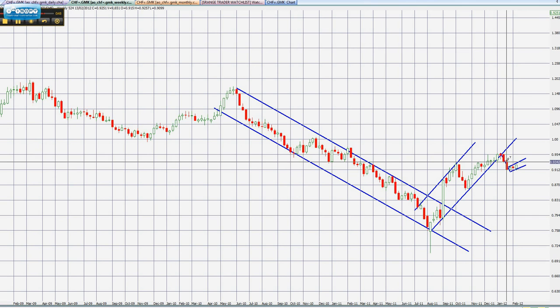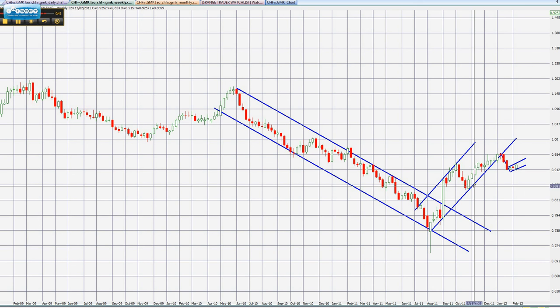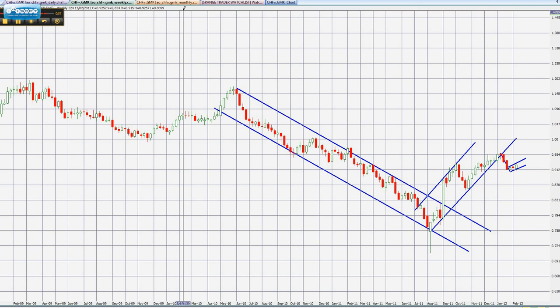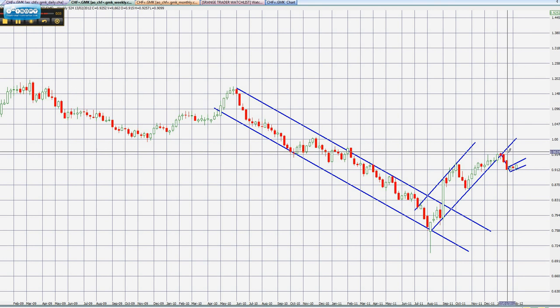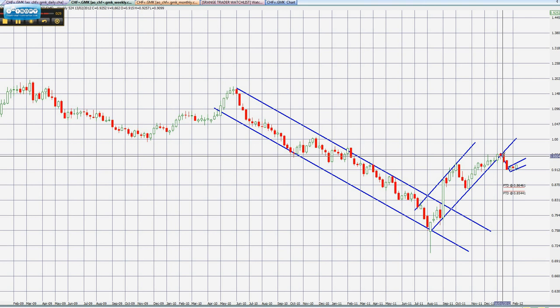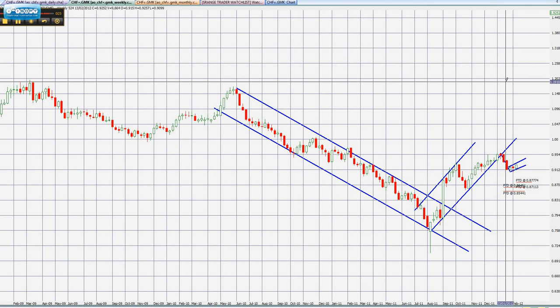We've got a miniature bear flag happening, and the target on this one is lower, to 86, and then this bear flag breaks about the same, so the 86 mark, 87 mark.